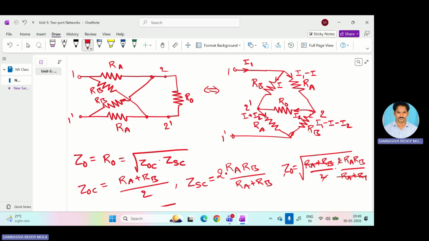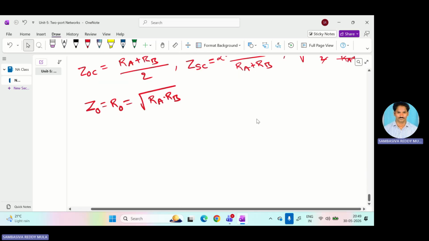Now consider the path 1 to 2, 2 to 2 dash, then 1 dash. This is the closed loop we are considering. Let us consider the source voltage is V1. Now, what is the KVL equation?